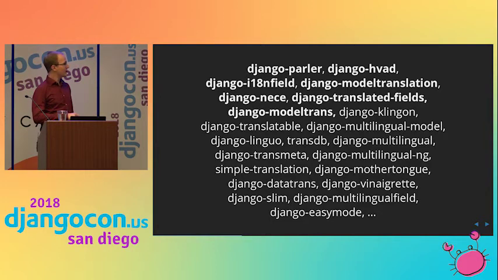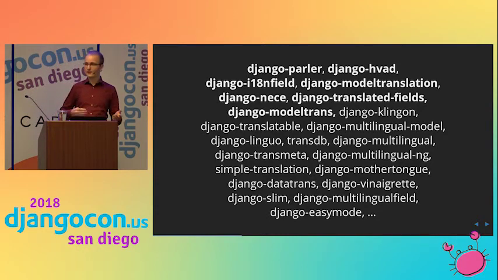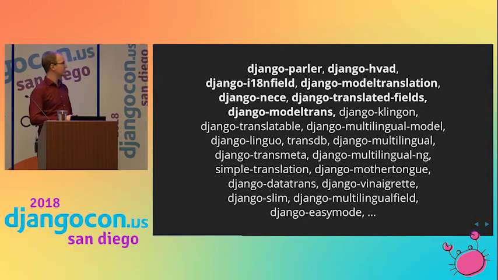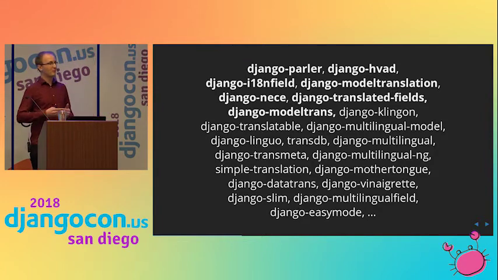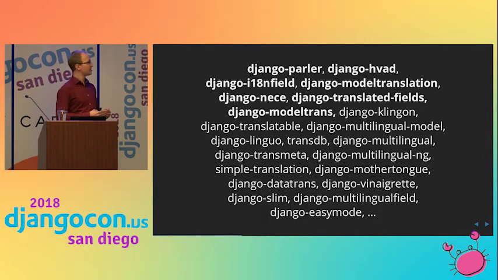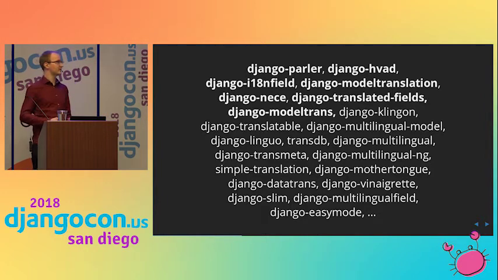I put those 7 at the top who appear to be actively maintained. By that I mean they at least have a development branch that is compatible with Django 2.1, and they had commits in the last 6 to 12 months. So I will be focusing on giving you a brief overview of those top 7 libraries, because there is not a single best library for this use case.